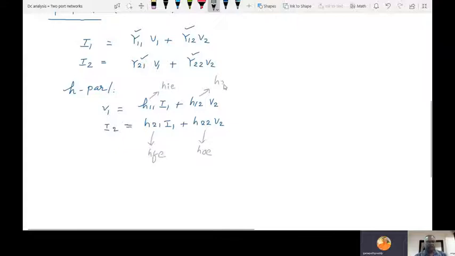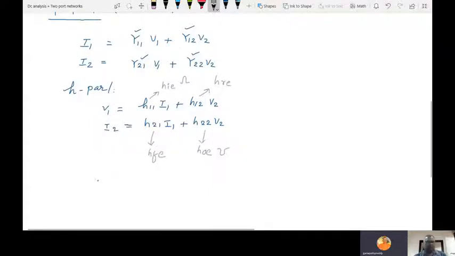So HRE, reverse voltage gain. Forward current gain, input impedance, output admittance. Admittance units are mhos. Impedance units are ohms. No units for voltage gain as well as current gain.